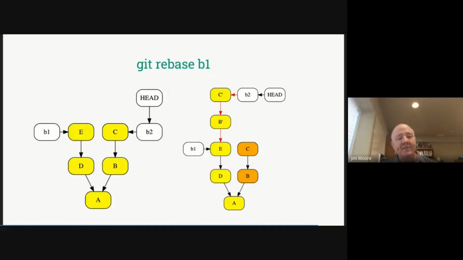So what happens is, again, if our head is pointing to branch 2 and we go git rebase branch 1, it's going to go, okay, what's my common ancestor? Oh, it's this A commit.